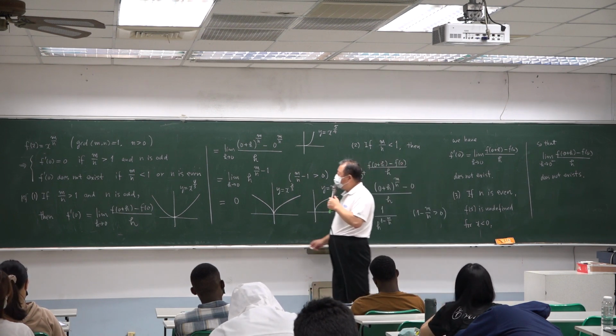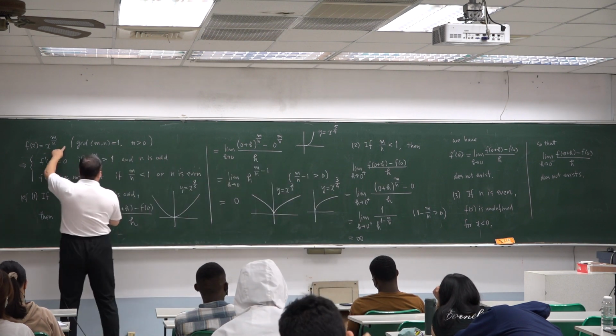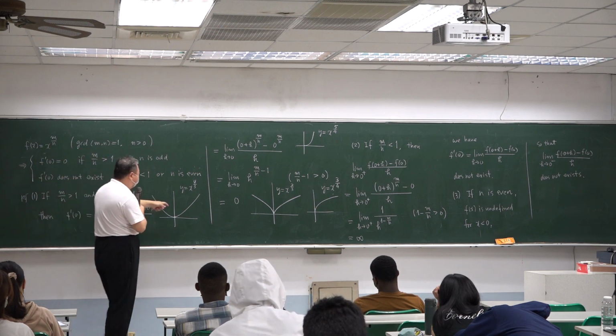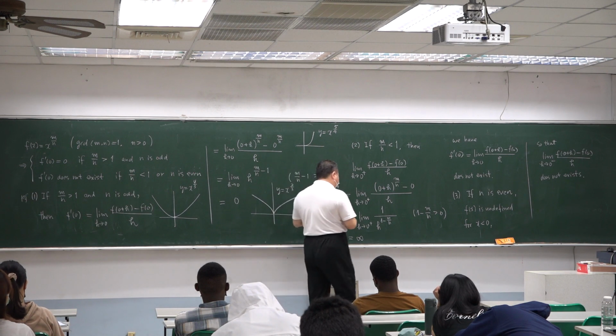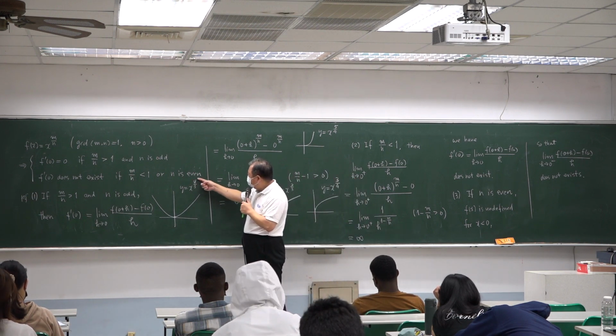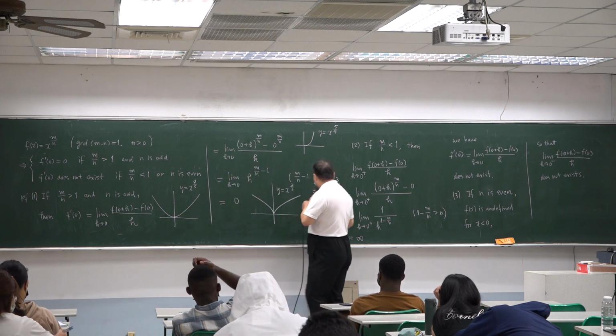So anyway, if m and n are positive, we have this case, this case, this case. Only if the exponent is greater than 1, here it will be smooth.